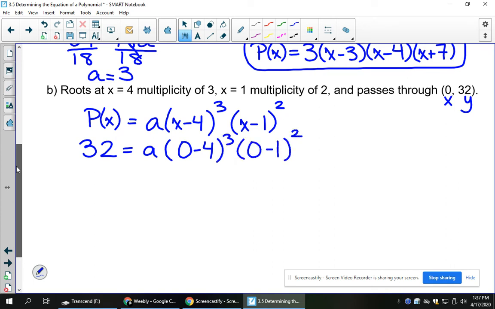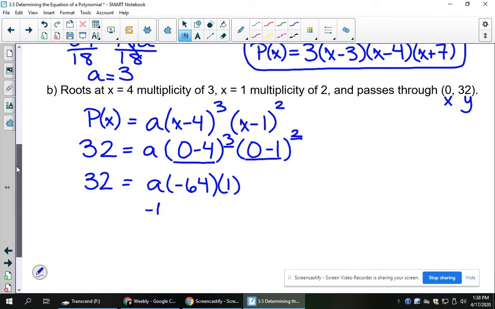And now I evaluate. 0 minus 4 is negative 4. Cubed is negative 64. 0 minus 1 is negative 1. Squared is positive 1. I really didn't have to write the positive 1 down because multiplying by positive 1 doesn't do anything.